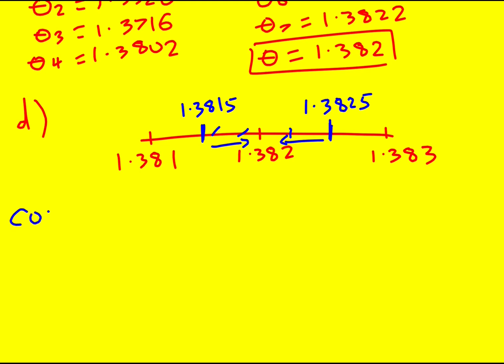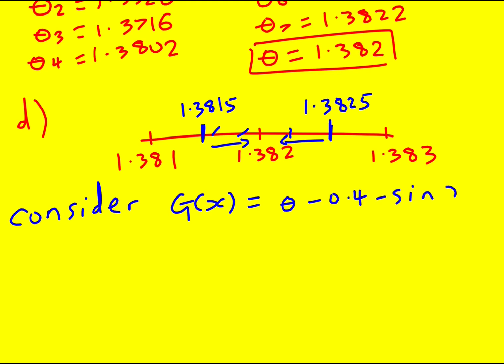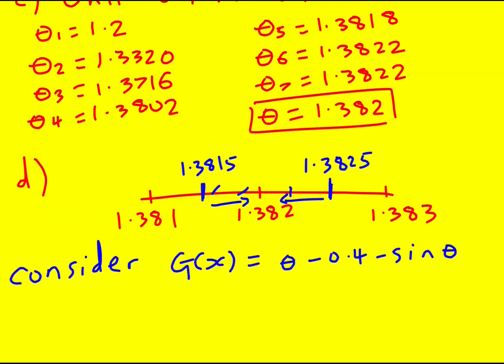Remember, I'm solving theta equals 0.4 plus sine theta. I'm going to consider a new function that I'm going to make up, g of x, and it's going to be theta minus 0.4 minus sine theta. I always like to do this, basically get the equation that you have equal to zero.